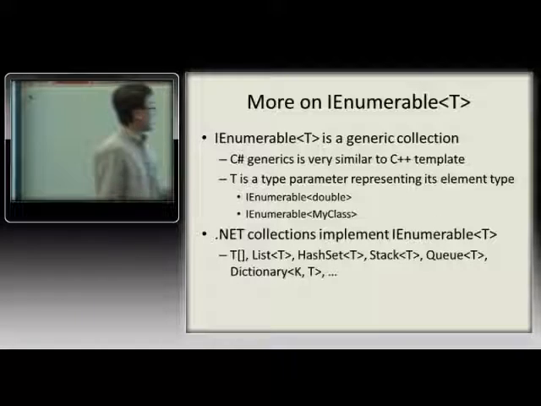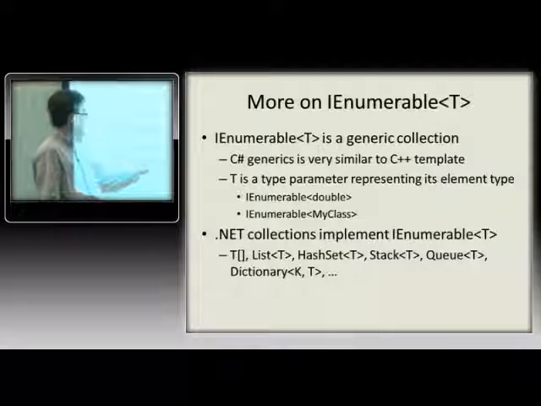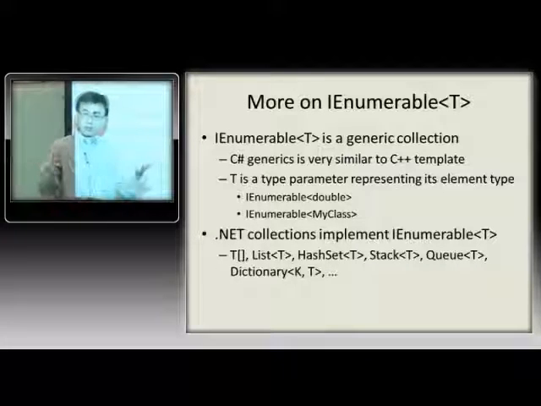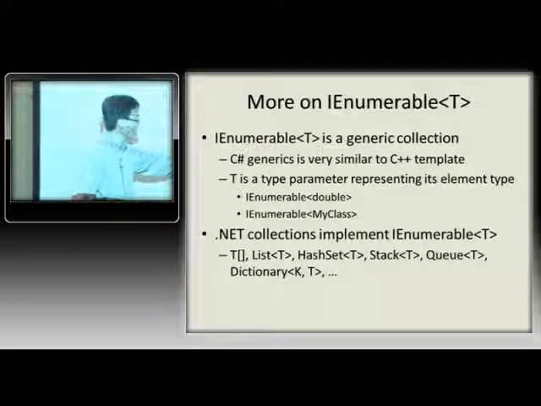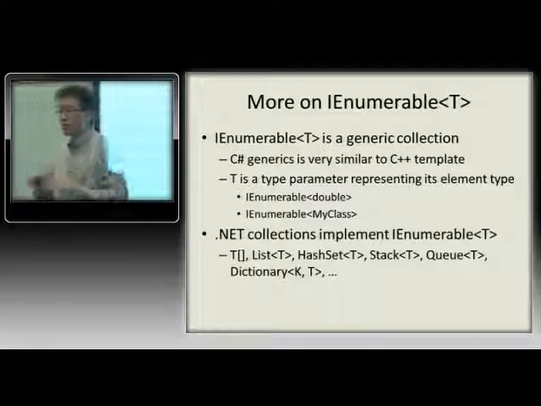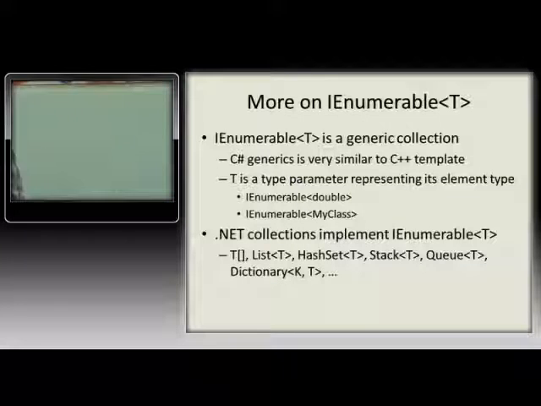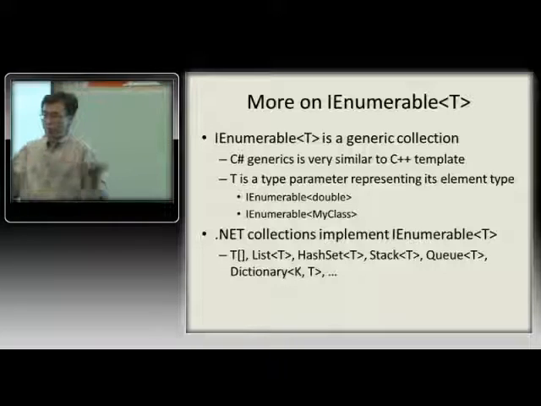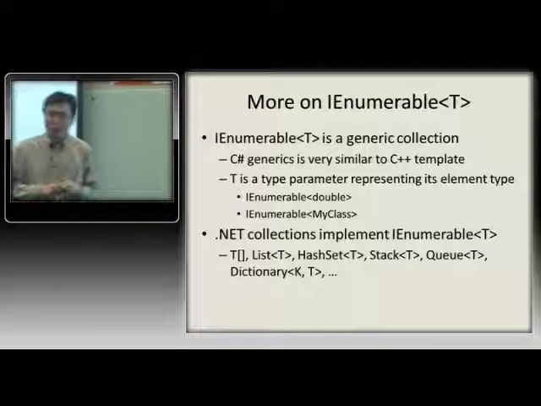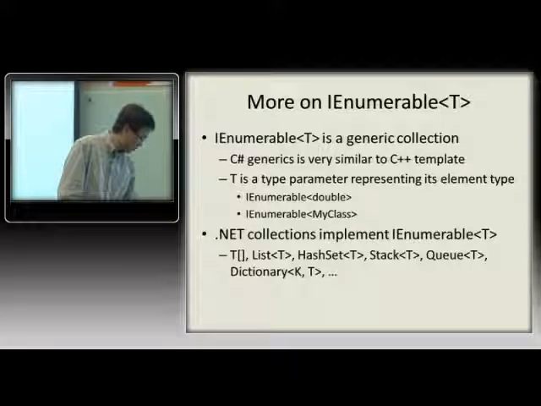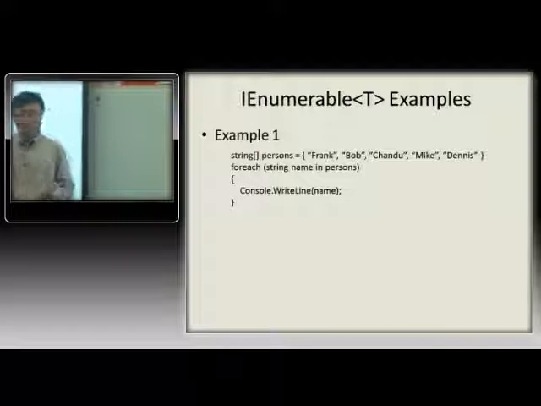Arrays are collections, lists are collections, hash sets, stacks, queues and dictionaries are all collections. This is all provided to you. Our job for the next few days is to operate on collections.